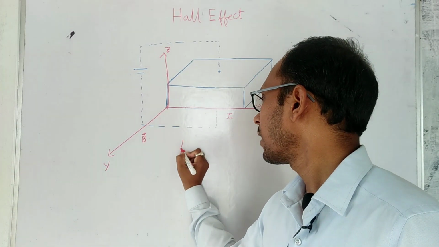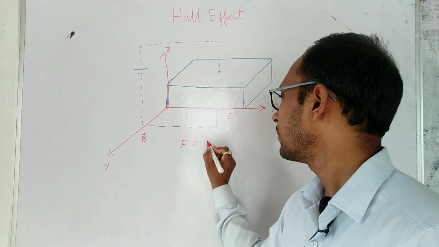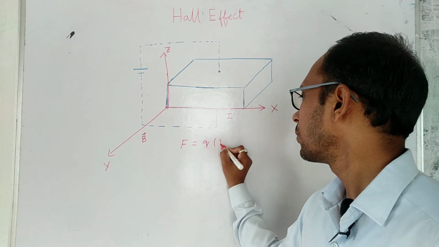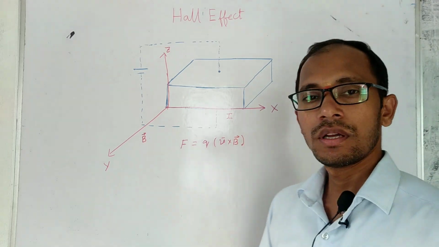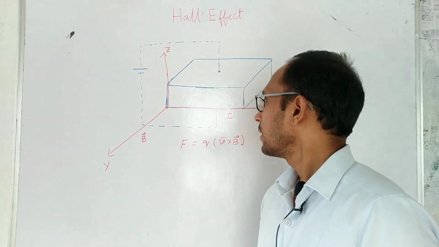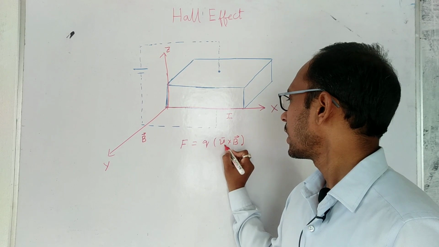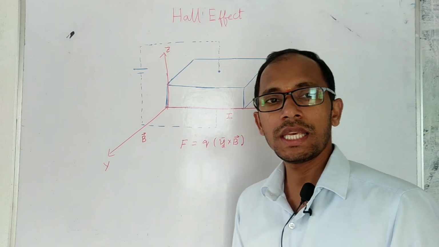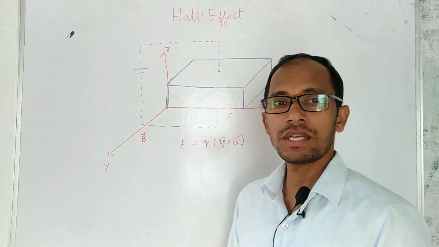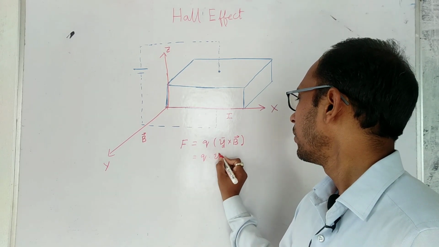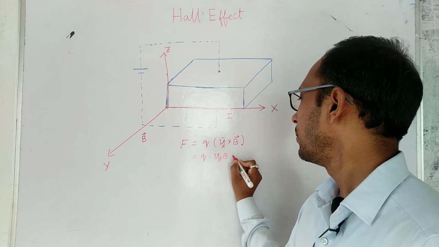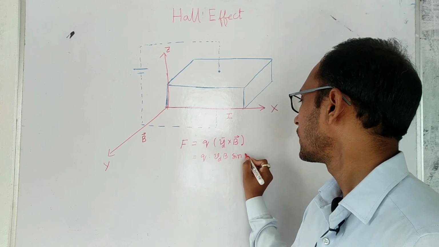That force is called the Lorentz force, which we can write as Q into V cross B. With the drift velocity Vd, this is Q Vd B sin theta.